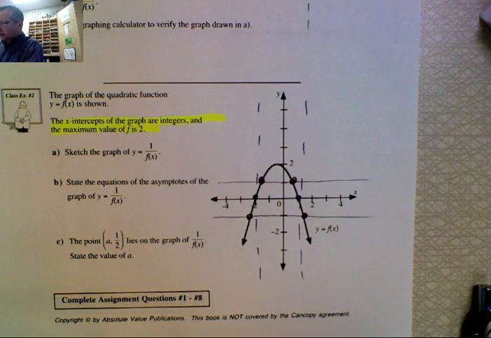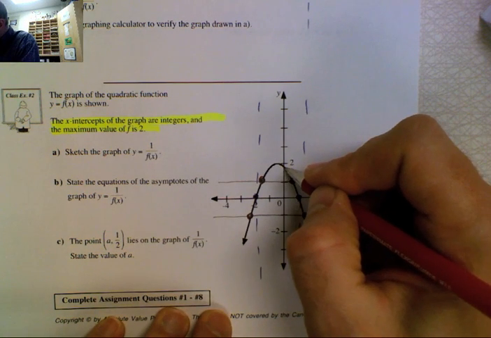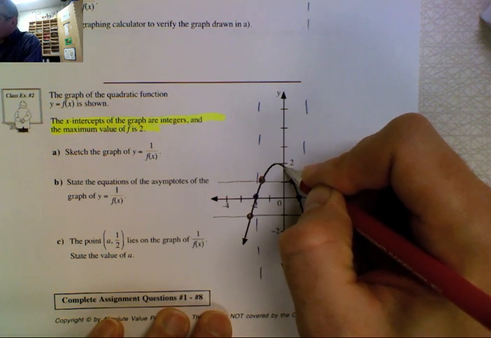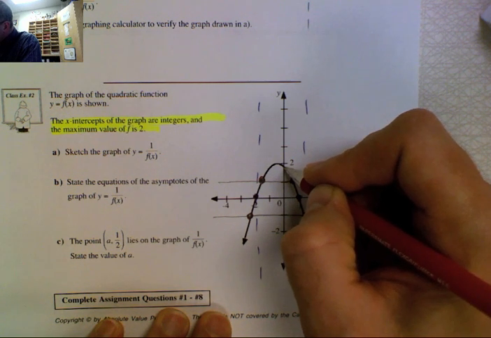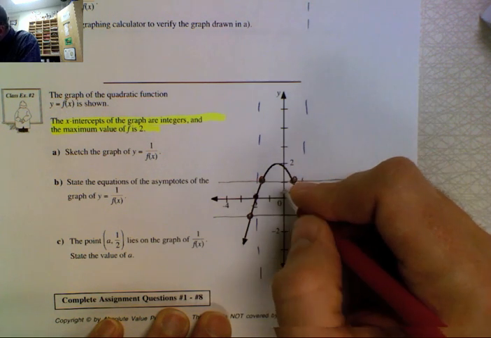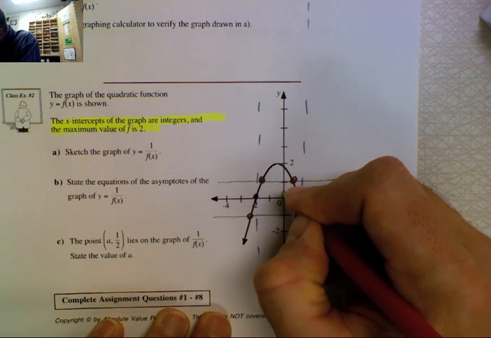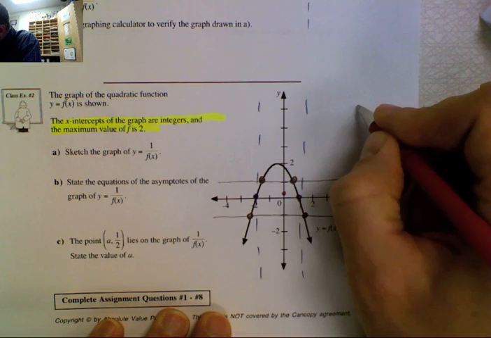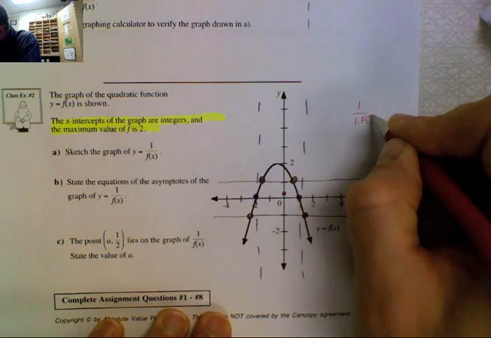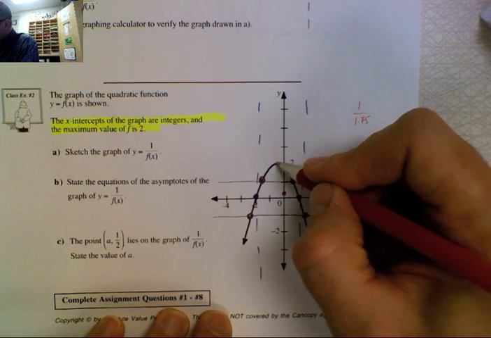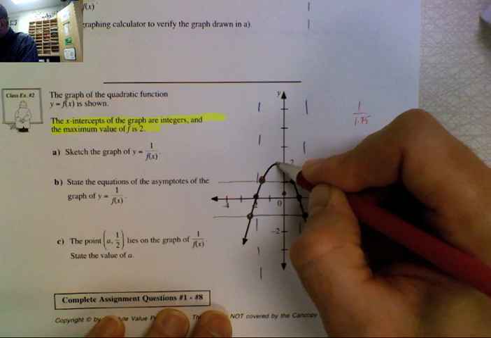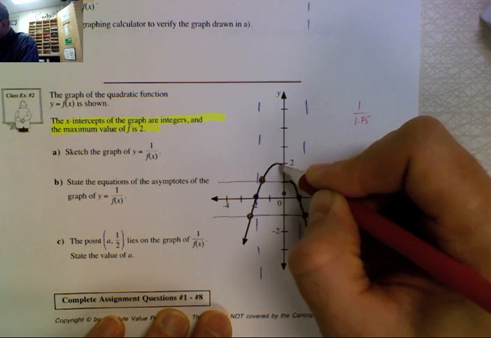Okay, next thing we need to look at is the y-intercept. This y-intercept is about 1.75. So when I take its reciprocal, that y-intercept is going to be down here. When I take 1 divided by 1.75, that's going to give me this point down here. If I take this maximum point at 2, the reciprocal of 2 is 1/2.